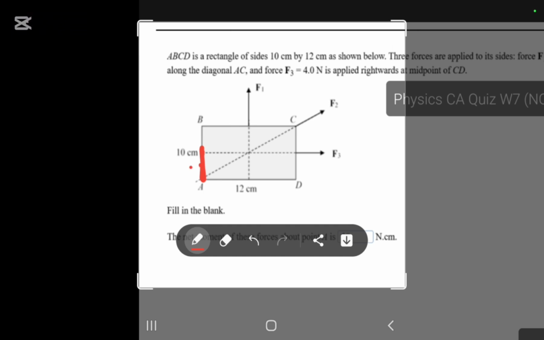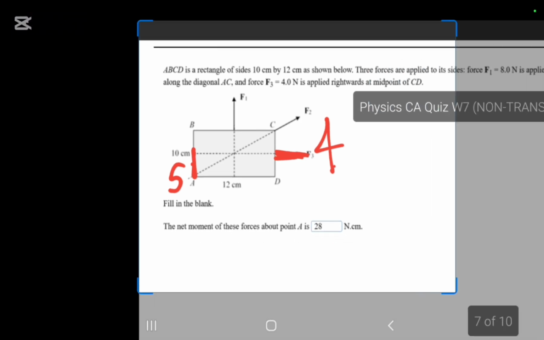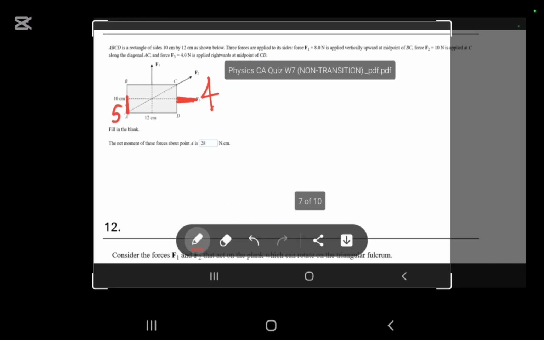F3 has a magnitude of 4 newtons. This part is 5 because they said here it's the midpoint. As we said before, F3 is 4. So they gave us the perpendicular distance and the force. Now 5 times.